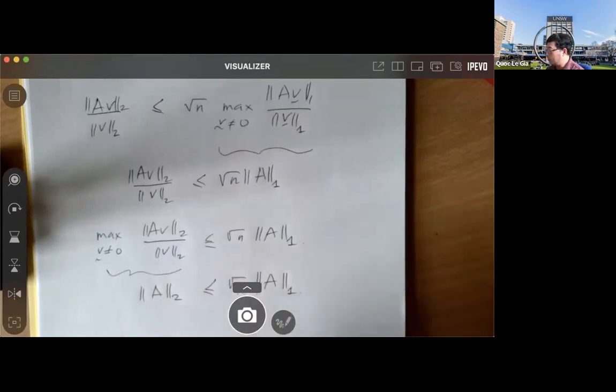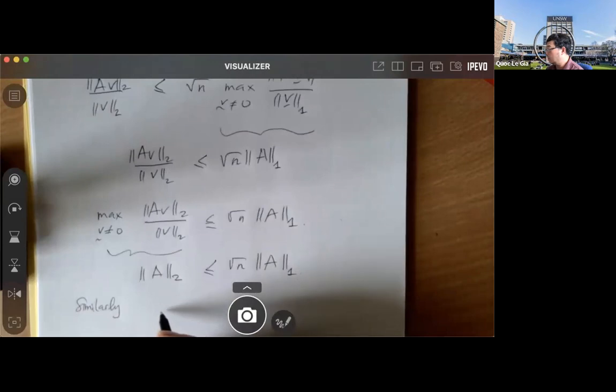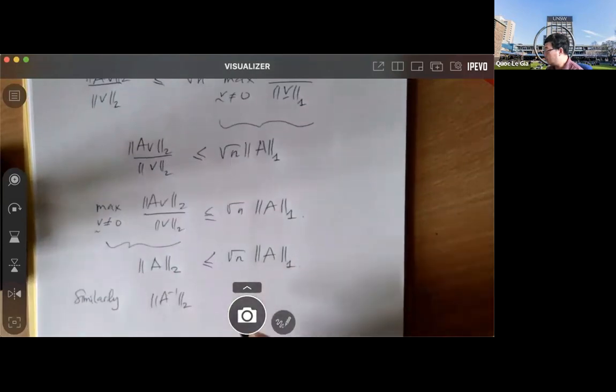Okay, so similarly you can do it for A inverse. You take the two norm of the matrix A inverse, then it is less than or equal to square root n times the one norm of A inverse.